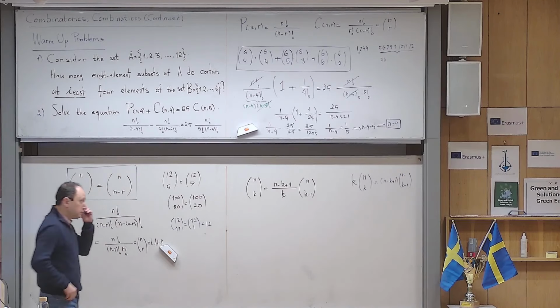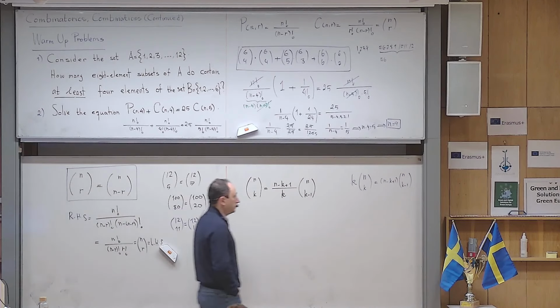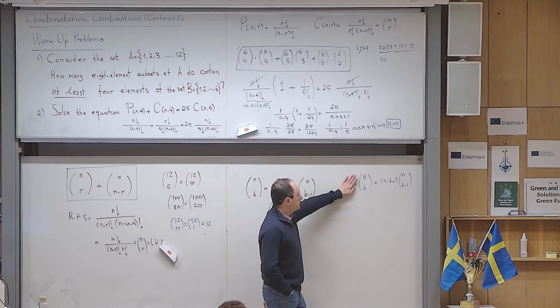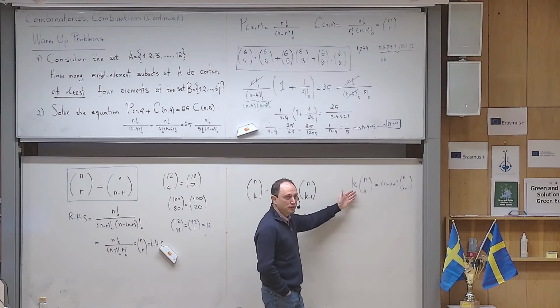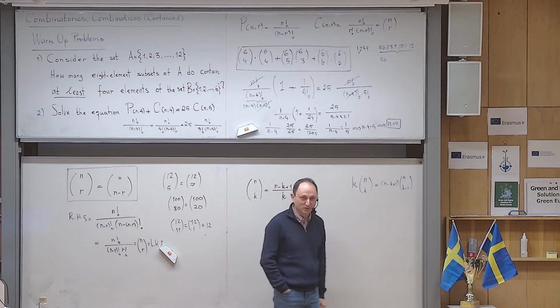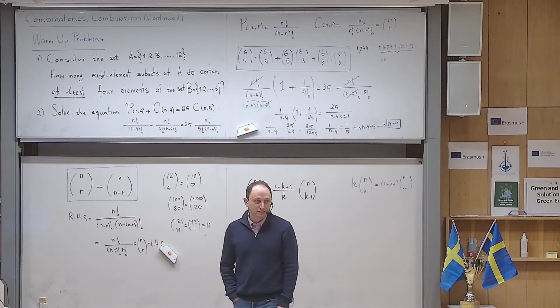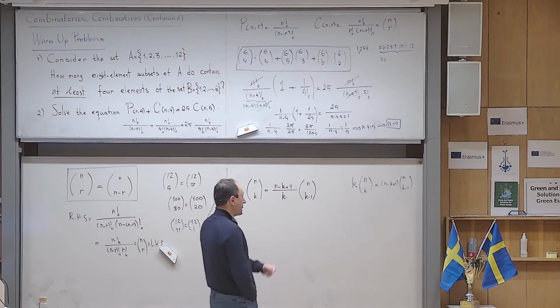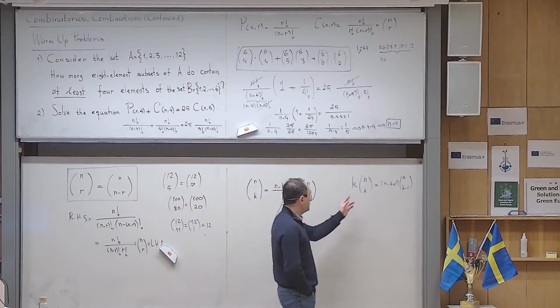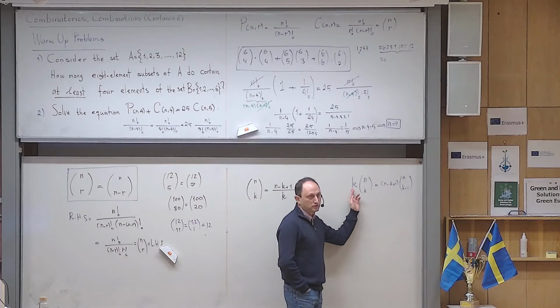Another hint, if you want to solve it using storytelling: the story for n choose k is very simple. I have just n students, I want to choose k of them. But think about how you can bring this k into your story. You need to cook up a story in which, when you count it, this k somehow appears.